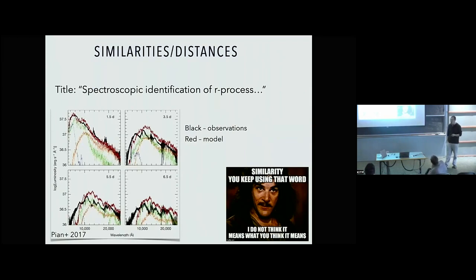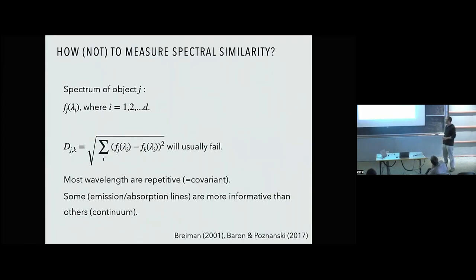How do you still do it? You can't do it with chi-square. If you define your spectrum as just f of lambda, and your dimensionality is just the number of wavelengths, just again, like in Lina's talk, which had APOGEE spectra with a few 7,000 or something wavelengths. If you define the distance between objects as the sum of flux differences, you won't get any meaningful results. Most of the wavelengths are repetitive.